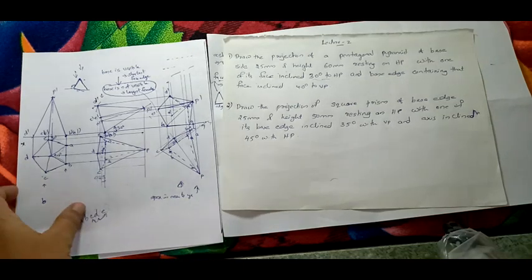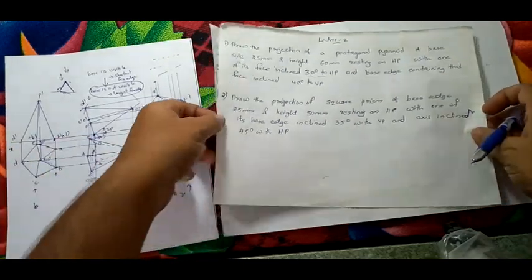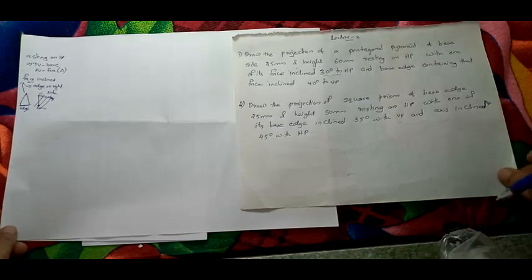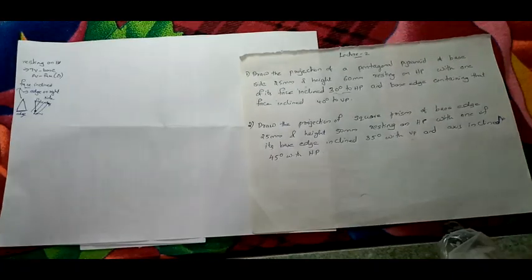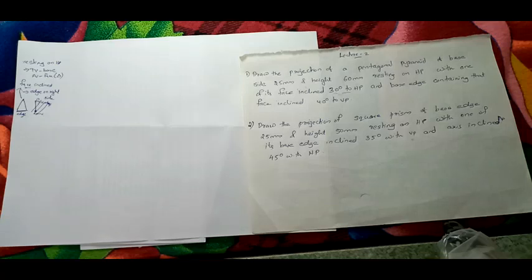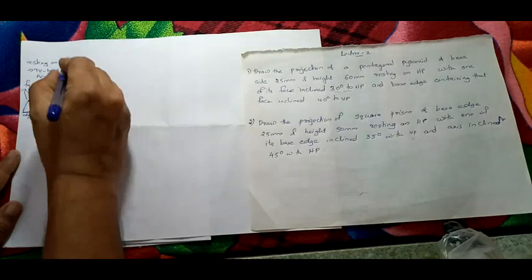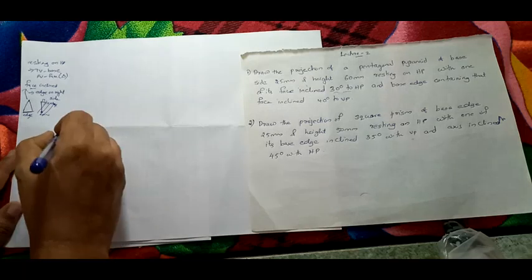Now we will go to the second question, right? Draw the projection of a square prism of base side 25 mm, height 50 mm, resting on HP. So here we are going for a prism. Similar to this one, resting on HP.